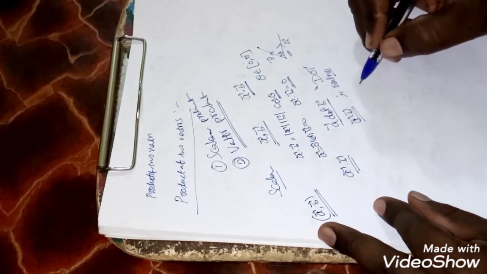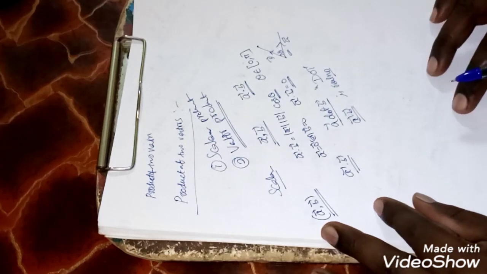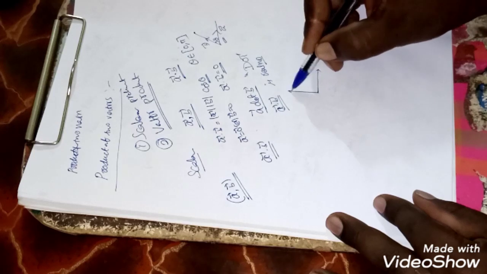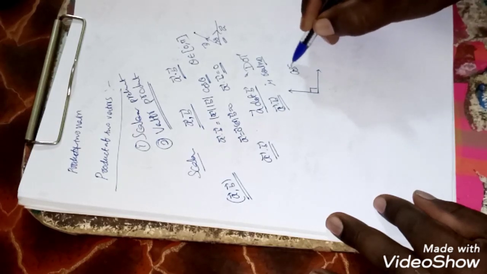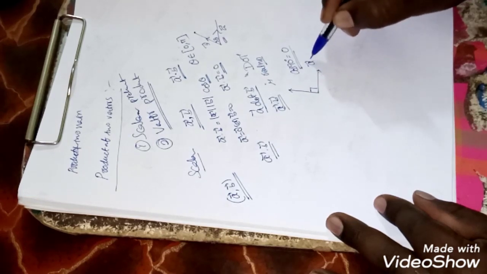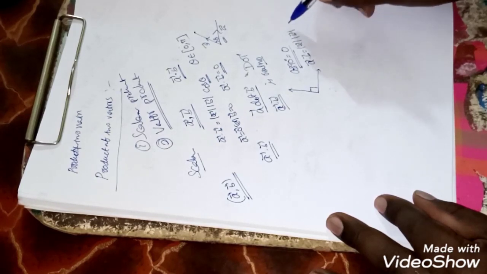Next one: if a bar dot b bar is equal to 0, that means both are non-zero vectors, but they are perpendicular to each other. That means what is the angle between them? 90 degrees. Then cos 90 degrees is equal to 0. Therefore a bar dot b bar, what are you going to get? Modulus a bar into modulus b bar into 0.